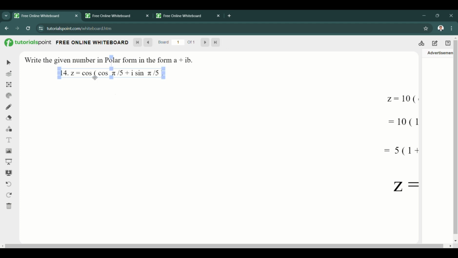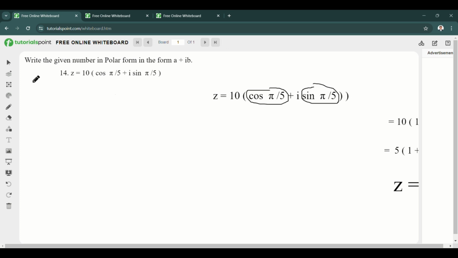So for the last number, to transform from polar to the form a plus ib, we have the given z equals 10 cosine π over 5 plus i sine π over 5. So this is the original equation. We need to evaluate the values of cosine π over 5 and sine π over 5.